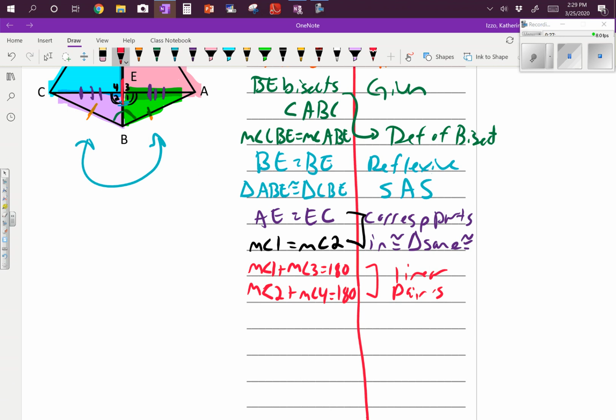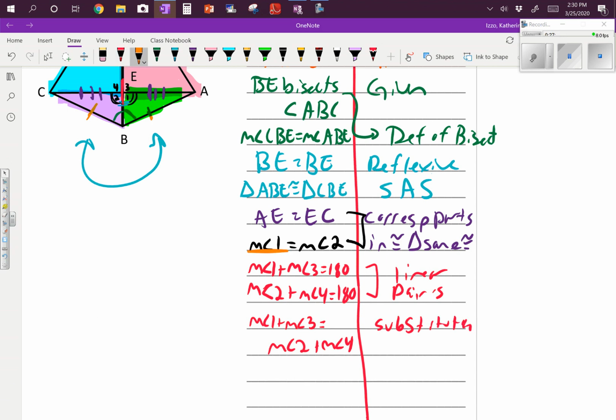Then we have two forms of substitution that we need to get. So we're going to do some substitution in here.